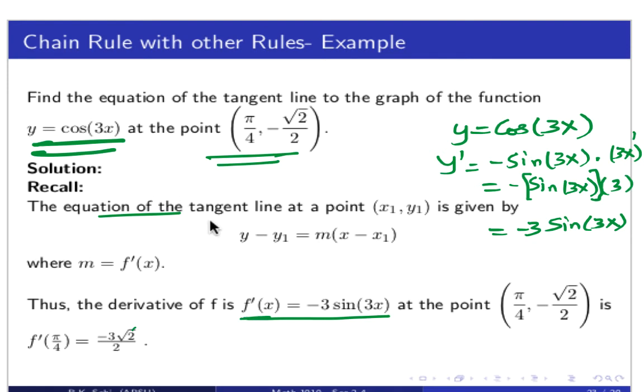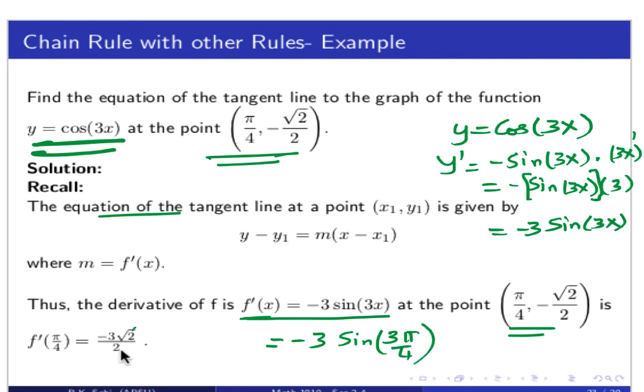But remember, it's an equation of a tangent line. So that m at this point is basically the value of this derivative at this point, pi fourths and negative root 2 over 2. So when you substitute your x by pi 4, that is negative 3 times sine 3x. So basically f prime of pi fourths is negative 3 sine of 3 pi fourths. And sine of 3 pi fourths is square root 2 over 2.